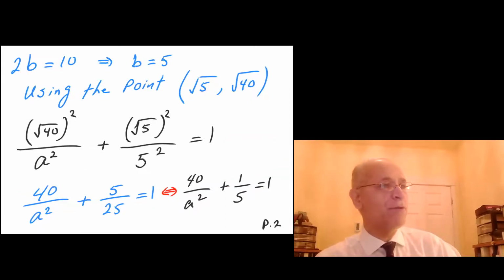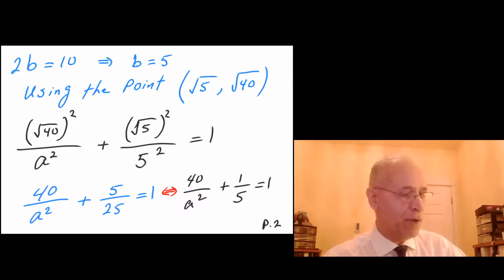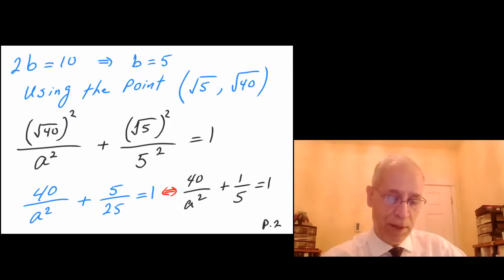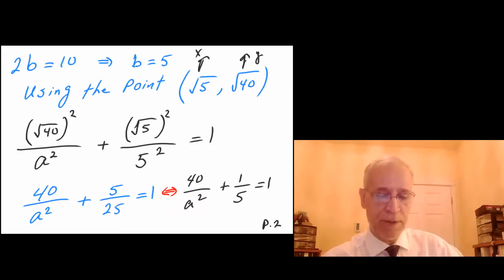Based on the information given, the minor axis is 10, so 2b equals 10, and therefore b equals 5. Now I'm going to use the given point. This is my x coordinate, this is my y coordinate.